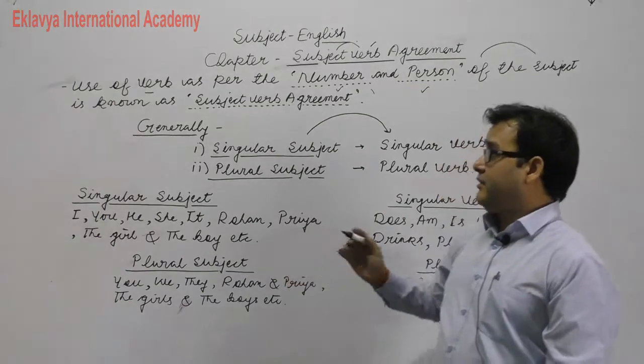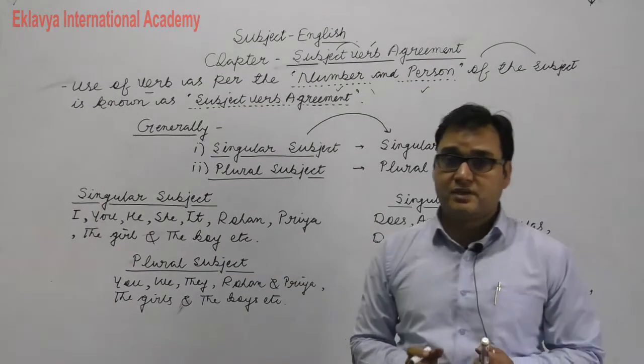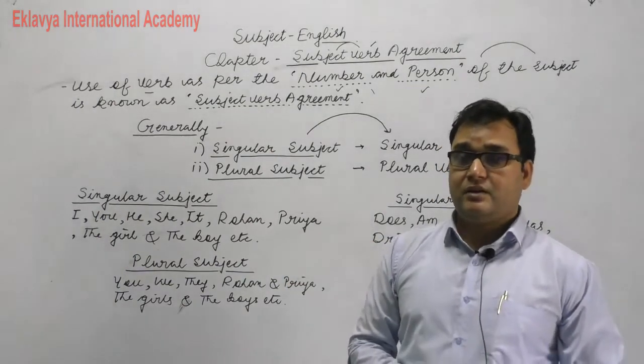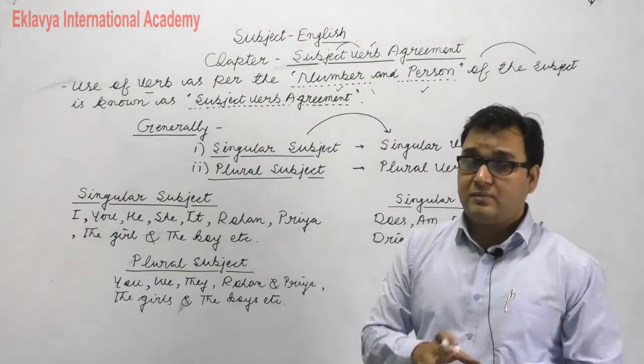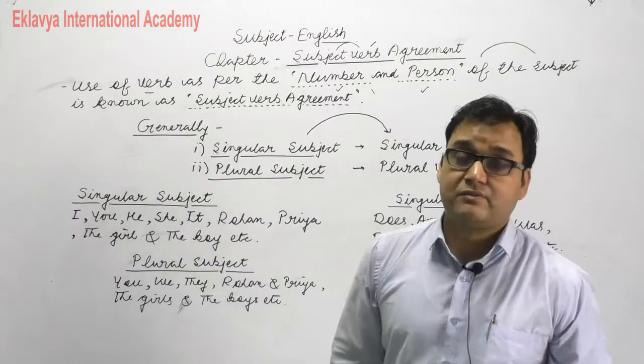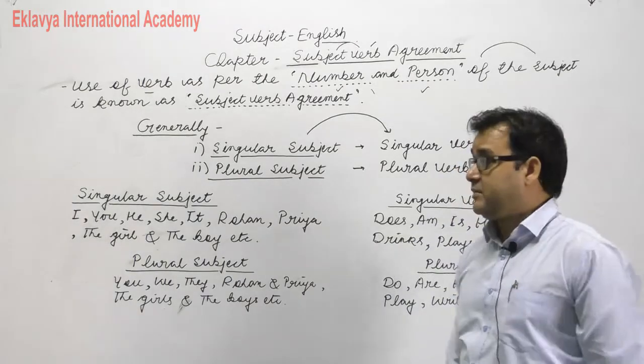It means that if the verb is used as per the number and person of the subject, that is known as subject verb agreement. Subject का verb के साथ agreement, समझौता.